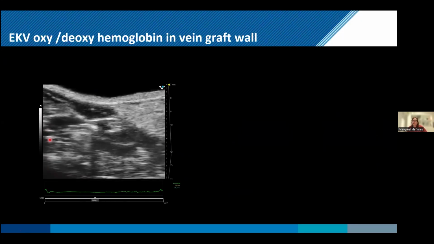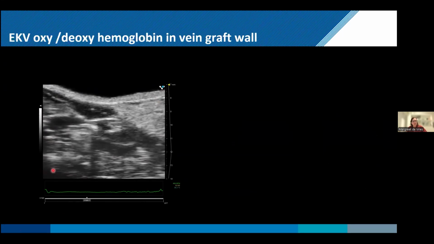But how can you monitor this in vivo? So for this we could use the oxy-deoxy hemoglobin measurements using the PA function. And ideally, we use this on top of the ECG-gated kilohertz visualization, as you can appreciate in this picture.